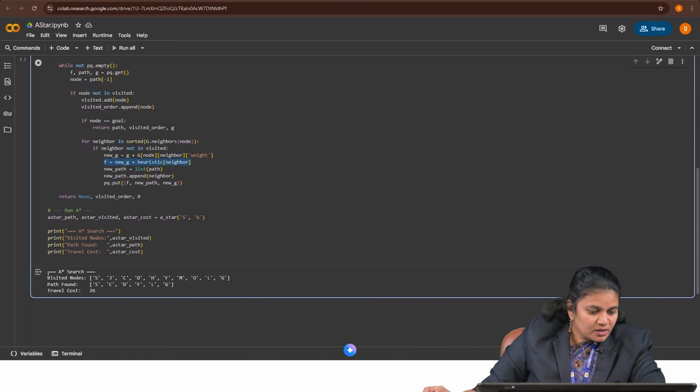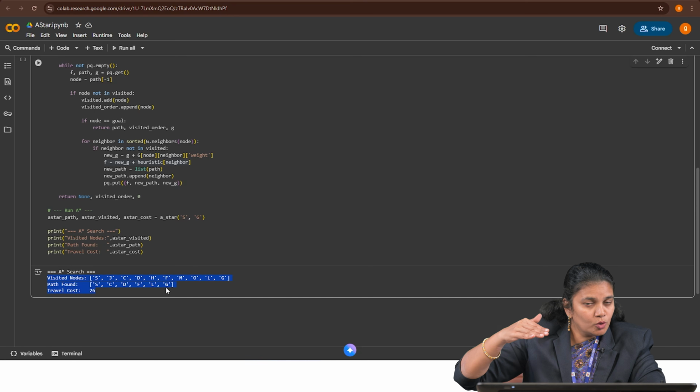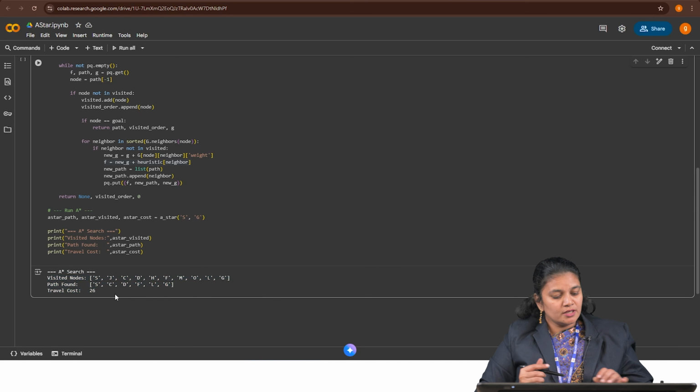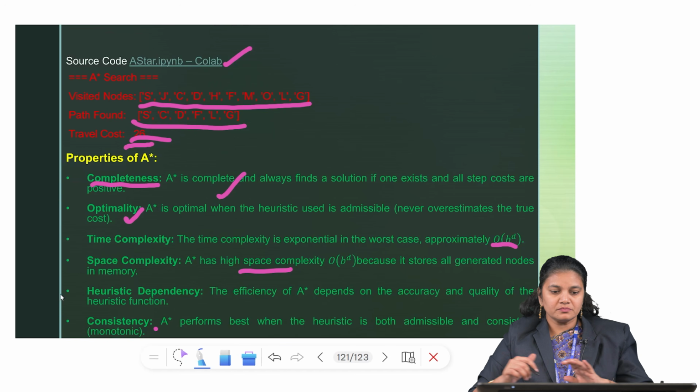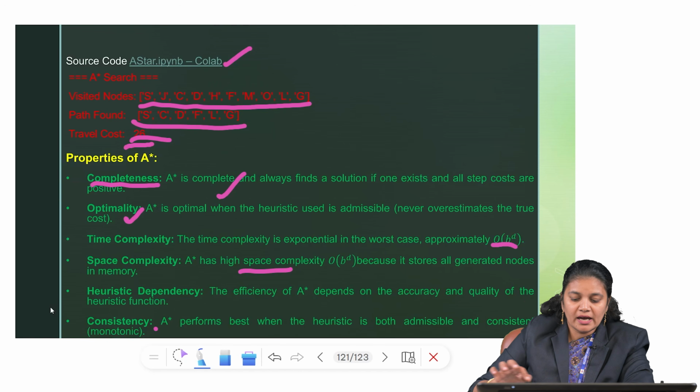We can find out the results: the nodes visited, and finally the path, by backtracking from our goal node towards the root node. Total travel cost is 26. With this, we are concluding our A star algorithm.